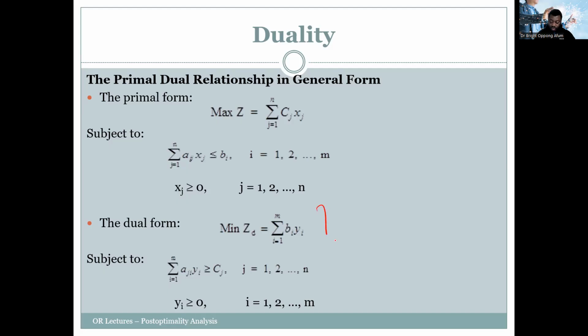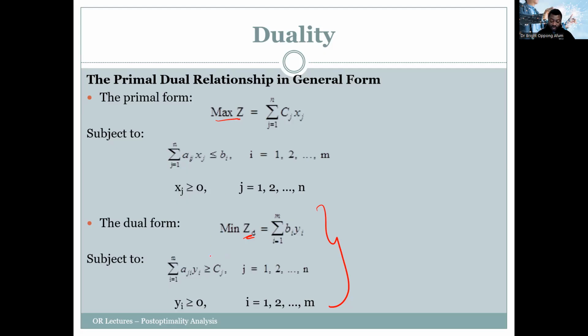So the dual form is, it was maximization of z, so we want to minimize z, right? And the bi's become the coefficients, and the coefficients in the primal become the bi's, right? The aij then becomes aji, right?